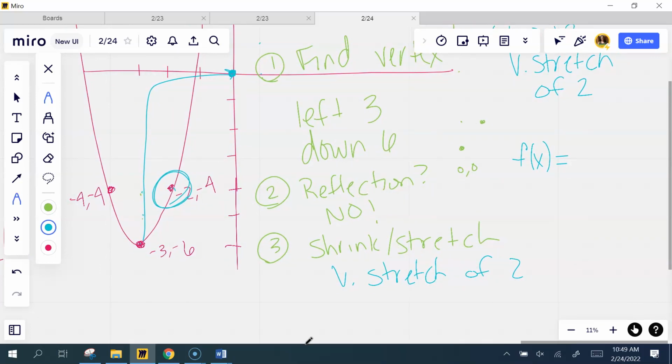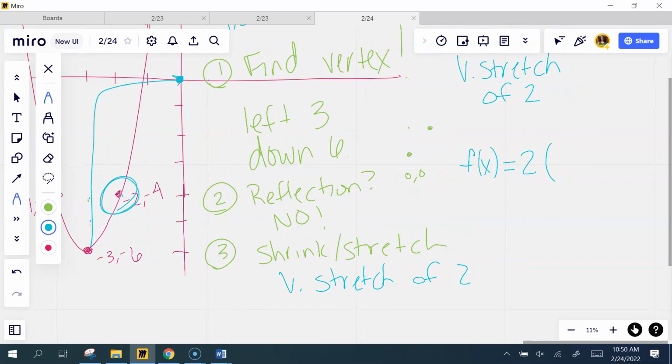All right, so that would account for my stretches and shrinks, but that doesn't account for my shifts. Because this is vertical, it goes in front of the entire equation. So 2 times left 3 would be plus 3, and down 6 would be minus 6.